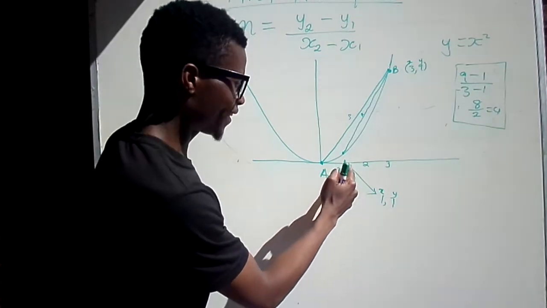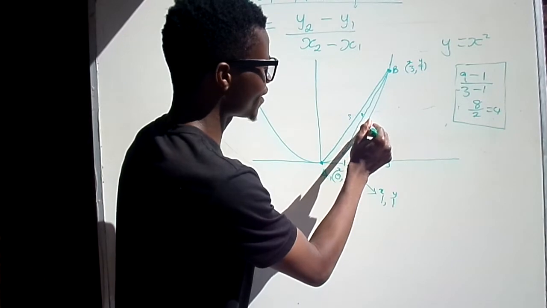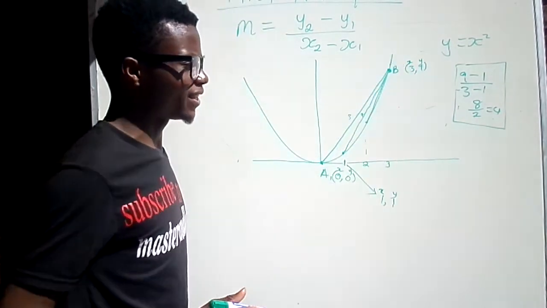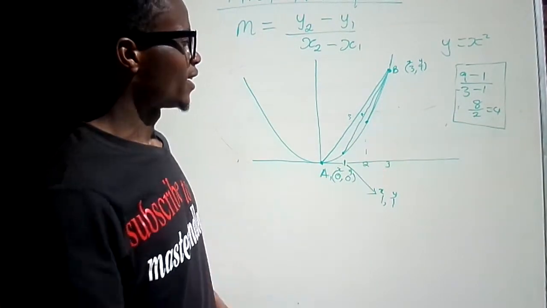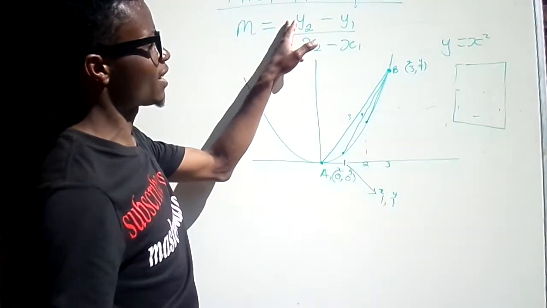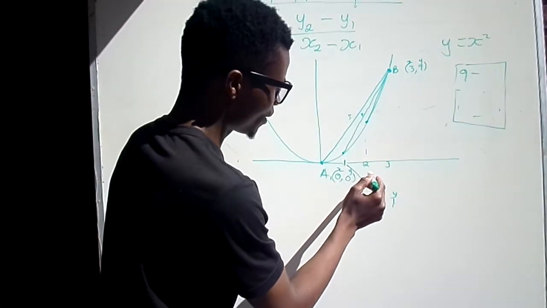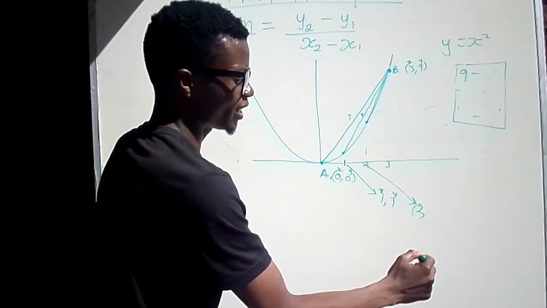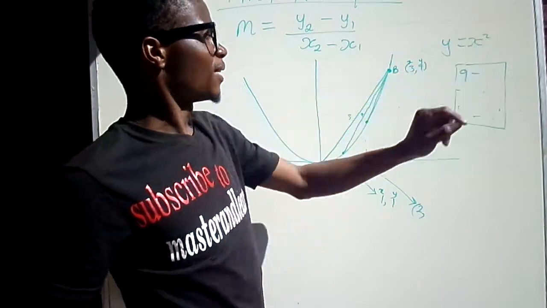How about if I think of moving the points? Let me try to draw a chord from here, just going to the point B. What's going to be the gradient? Let us see what's going to happen, just using the same principle of a straight line, y2 being 9 minus y1. Remember, we are talking at the point when x is 2. So for me to get the corresponding y, I have to substitute 2 into the general curve.